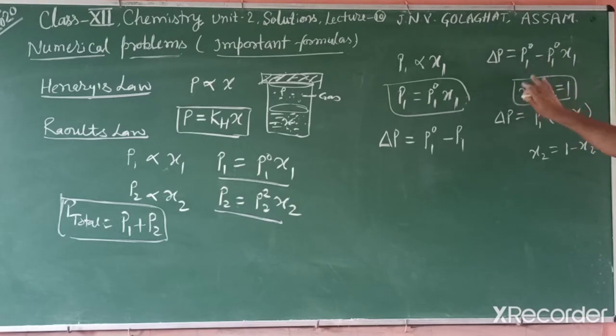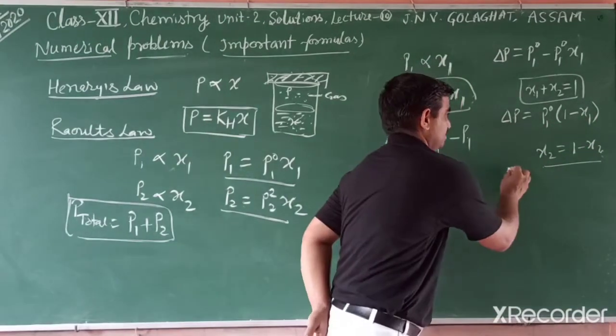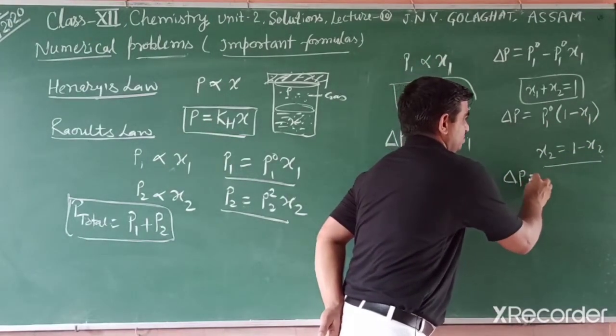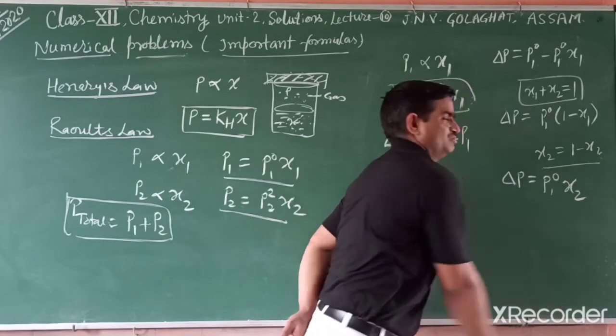Substituting this value into the equation, delta P is equal to P naught 1 times the mole fraction of solute.